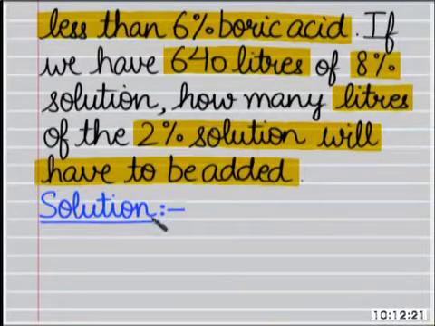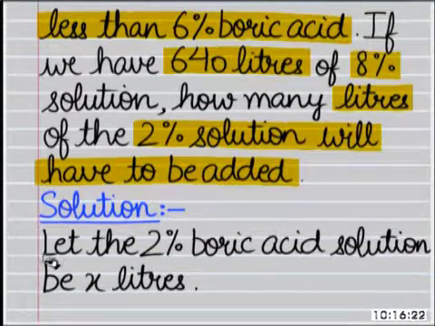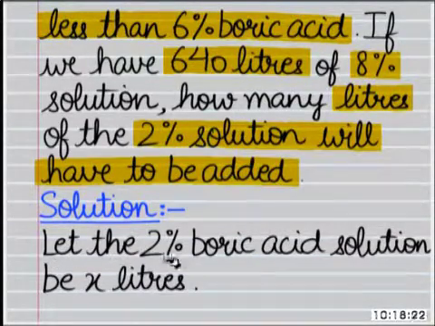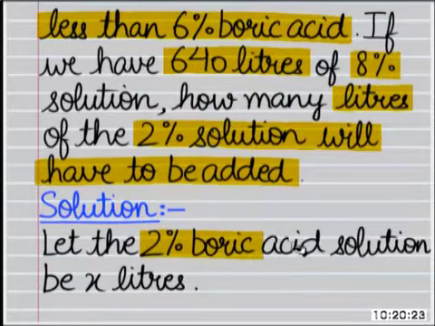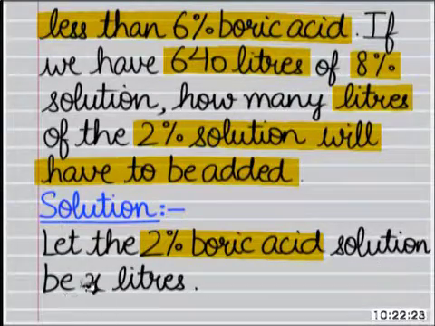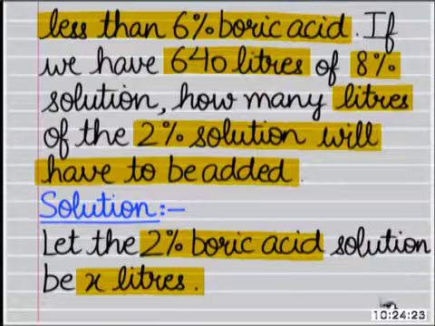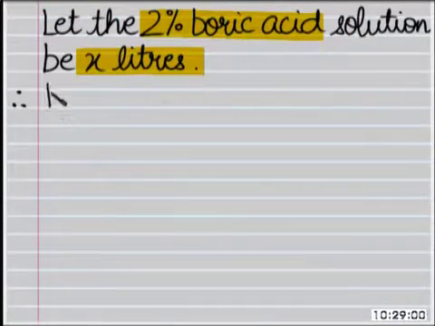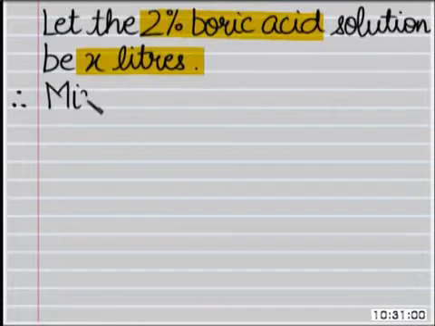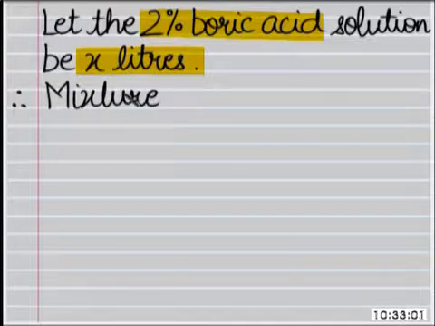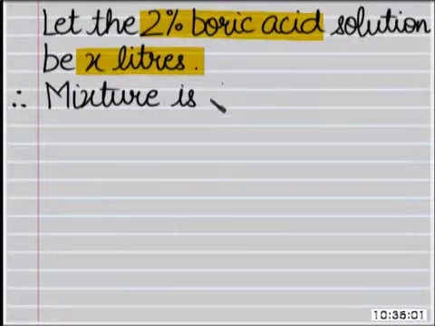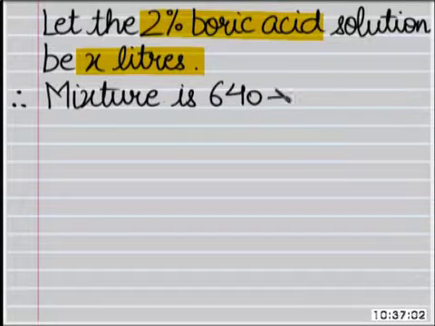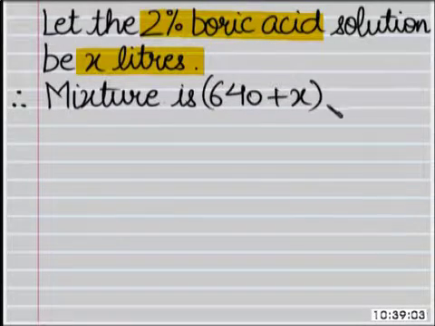Now let us see its solution. First of all, let the 2% boric acid solution be x liters. Therefore, mixture is 640 plus x liters.